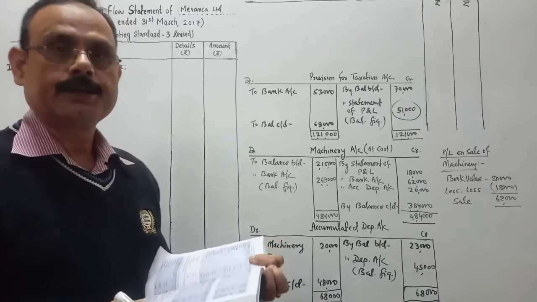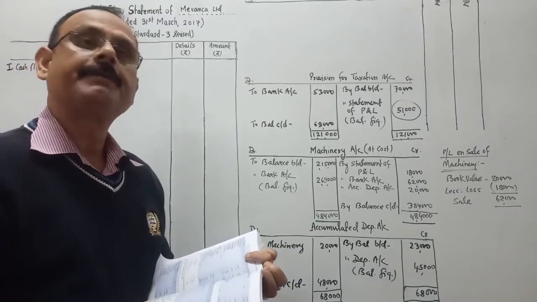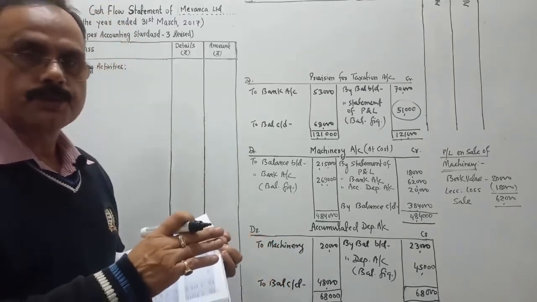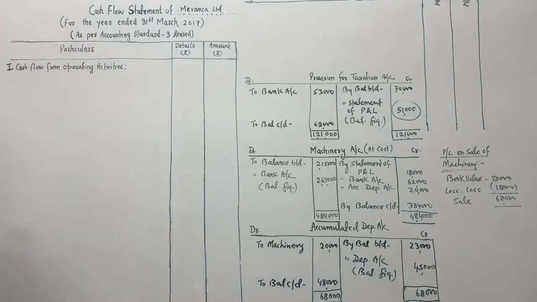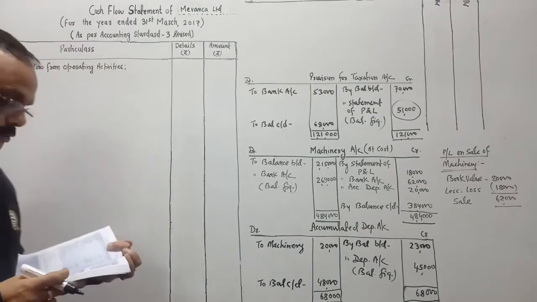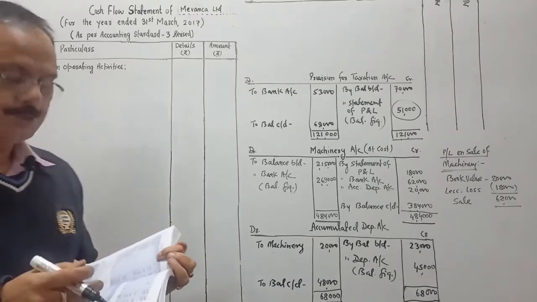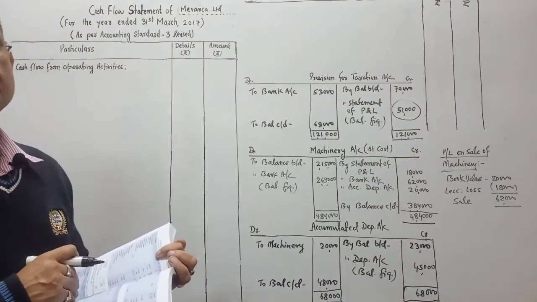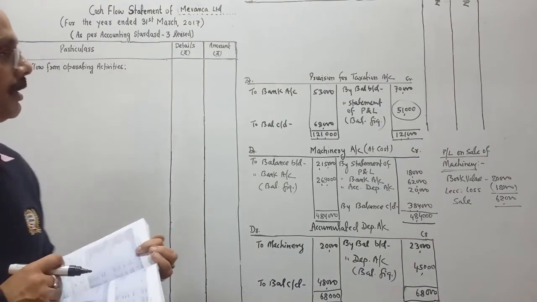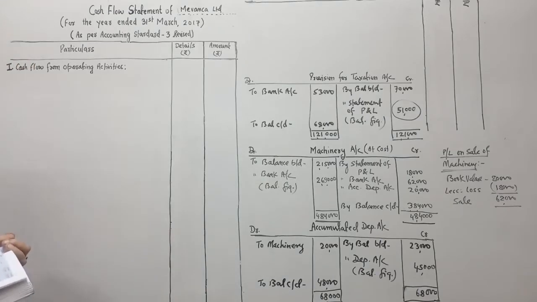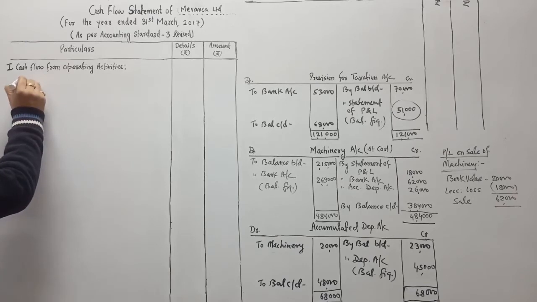Last year it was 1,20,000 and this year it is 25,000. So it is reduced. From 1,20,000 to 25,000 it has reduced. This indicates the net loss.